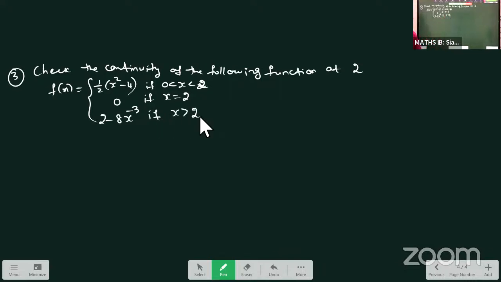This is the question. So we have to check the continuity when x is equals to 2, he is asking.